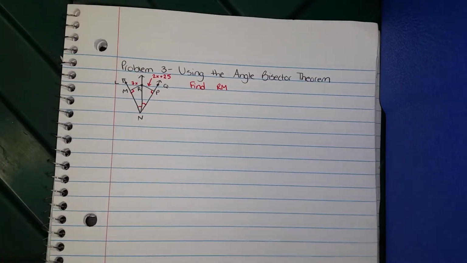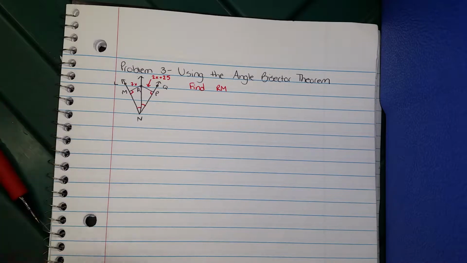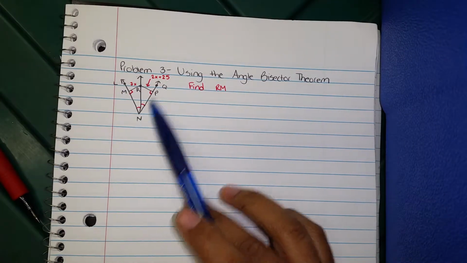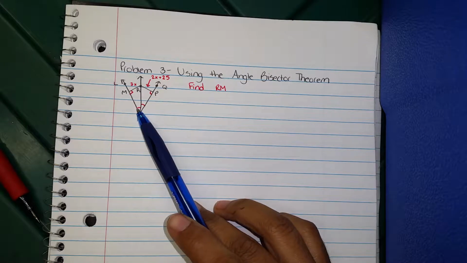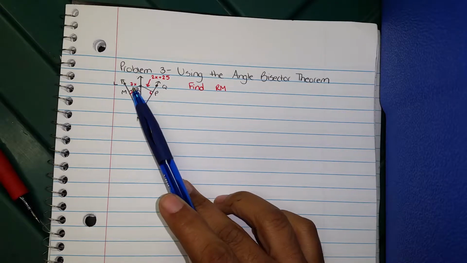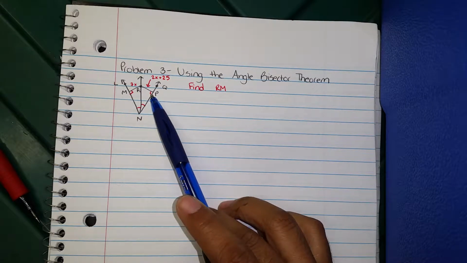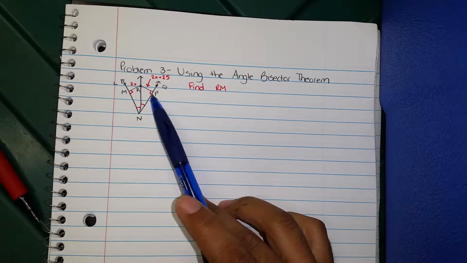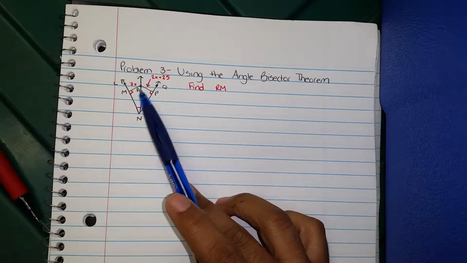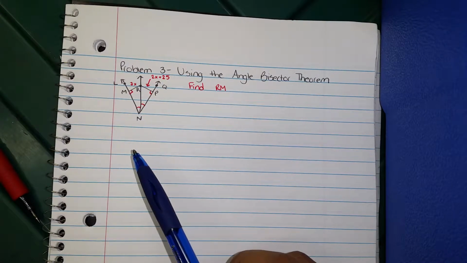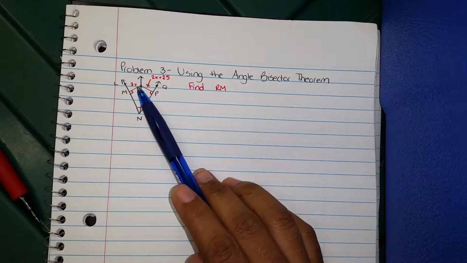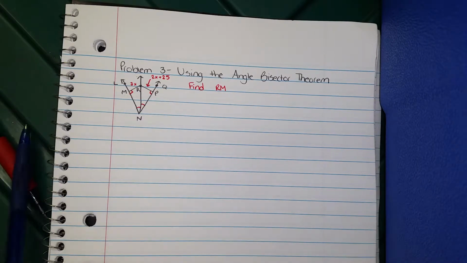So example 3, we have the following. We have angle LNQ that's being bisected. I know this because I have the two congruent angles here. And we have a perpendicular segment. Remember, when you see a perpendicular segment from a line to a point, it means that it's the distance. So essentially we have distances MR and PR.